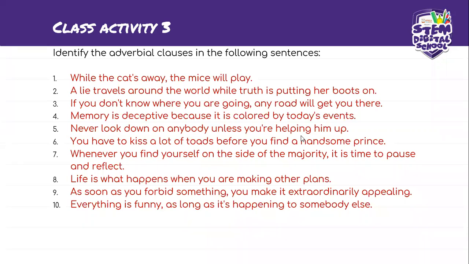Remember that an adverbial clause functions as an adverb. It tells us about how something happens, why it happens, where it happens, as well as when it happens. Once you remember that, then you are ready to answer these questions.